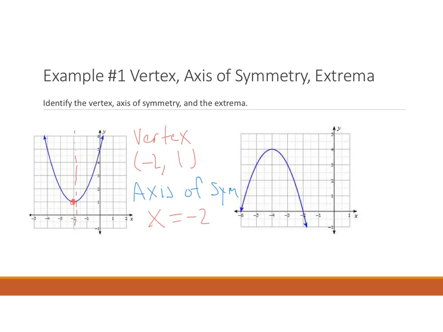The extrema is describing if the graph has either a maximum or minimum point. Since this parabola has a low point where the vertex was, we call it a minimum. Try the second graph on your own. Pause the video and then check your answers.